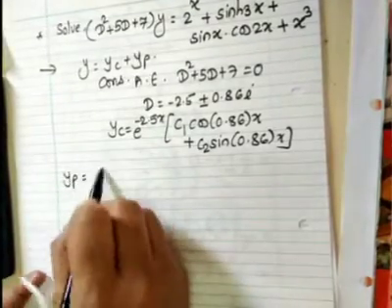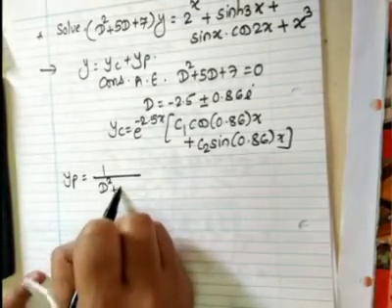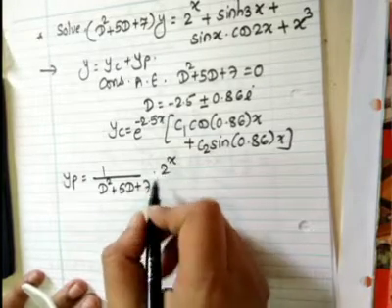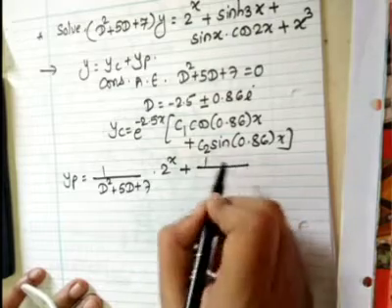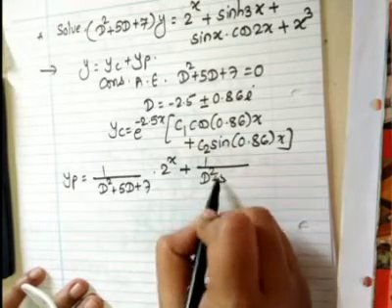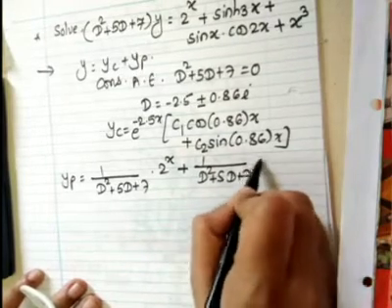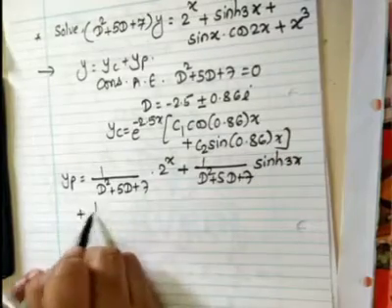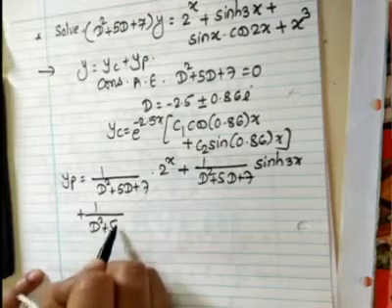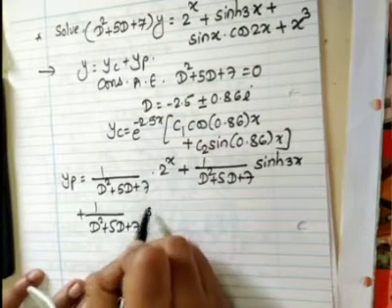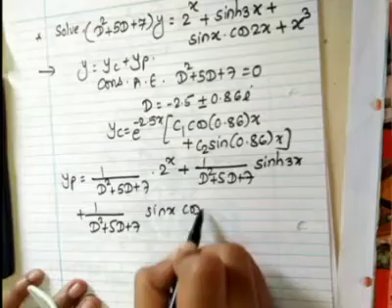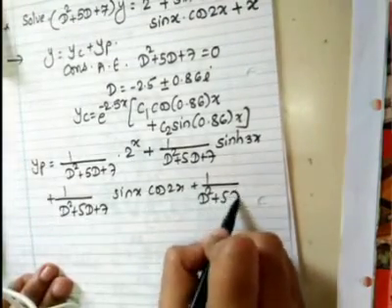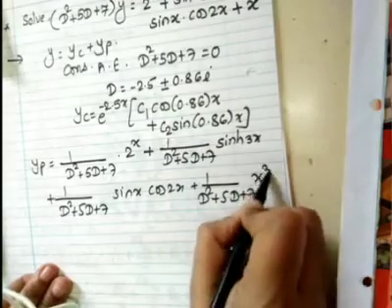Now yp is 1 upon D square plus 5D plus 7 into 2 raised to x, plus 1 upon D square plus 5D plus 7 into sine hyperbolic 3x, plus 1 upon D square plus 5D plus 7 into sin x cos 2x, plus 1 upon D square plus 5D plus 7 into x cube.